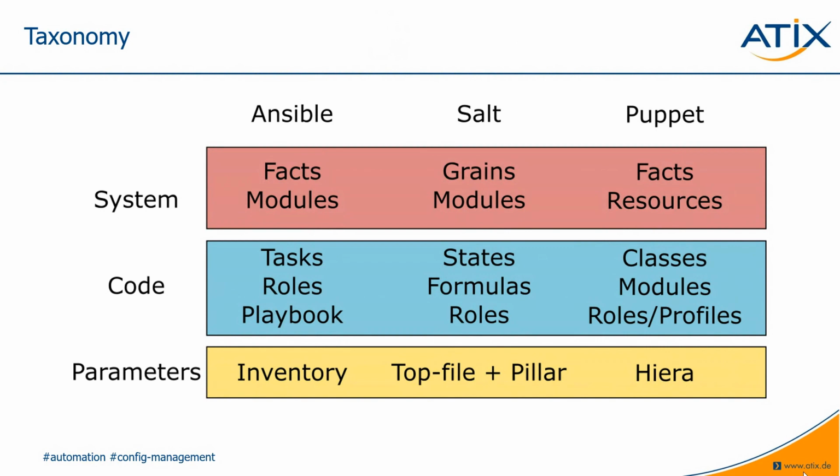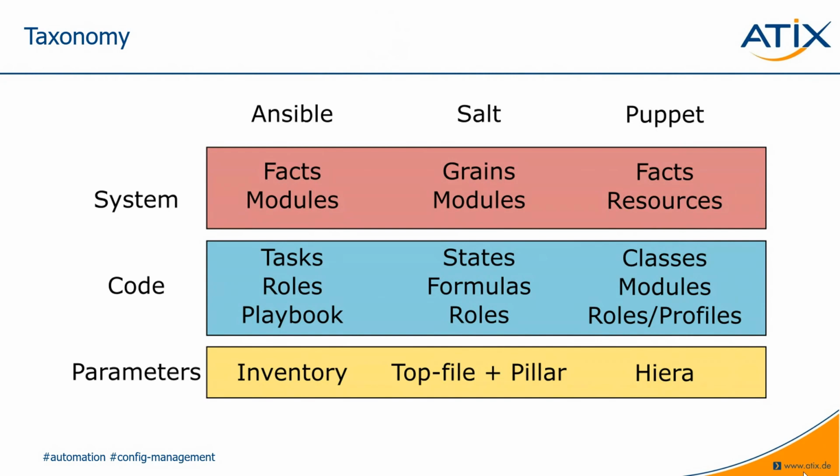And in the end, you also have something which is like roles, and those are similar to the things in Ansible, but not always exactly the same. And Puppet and Salt are more similar from the construction view, especially what the things behind those names are.